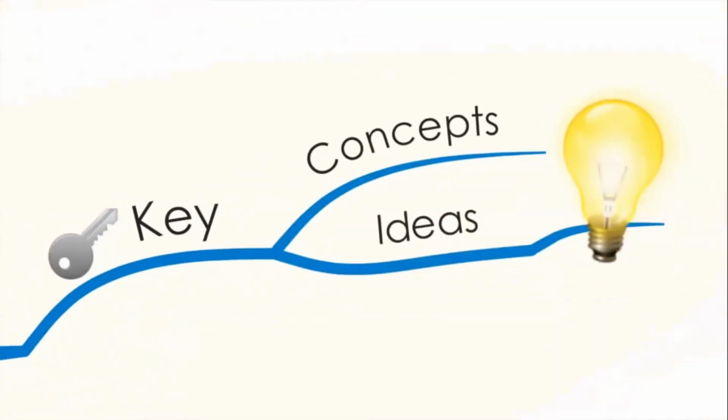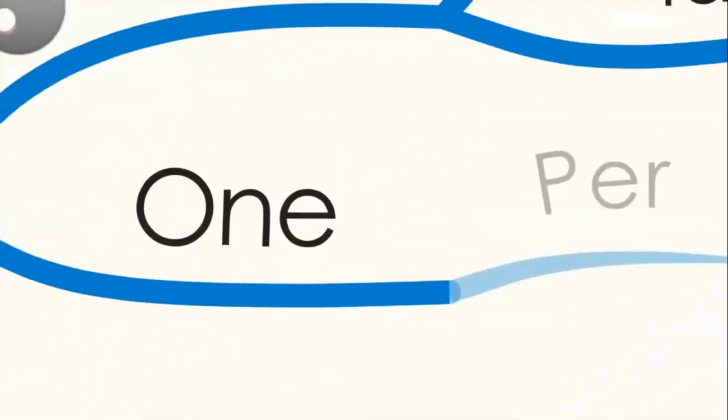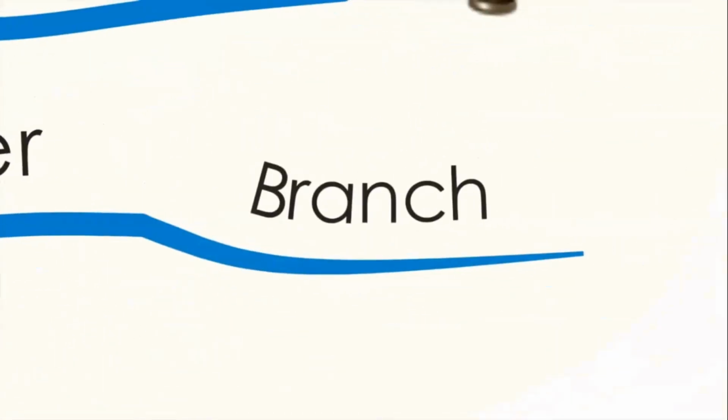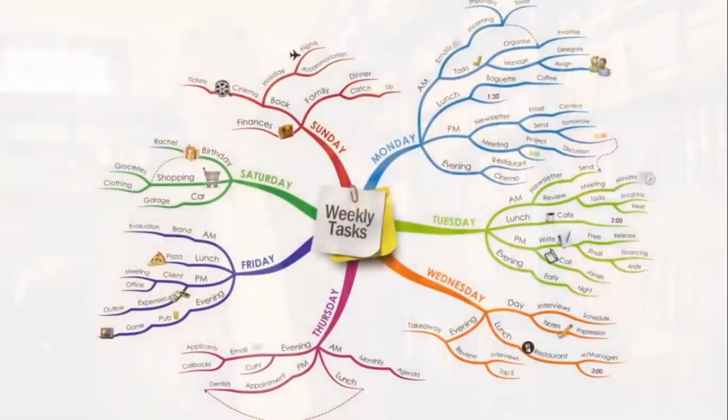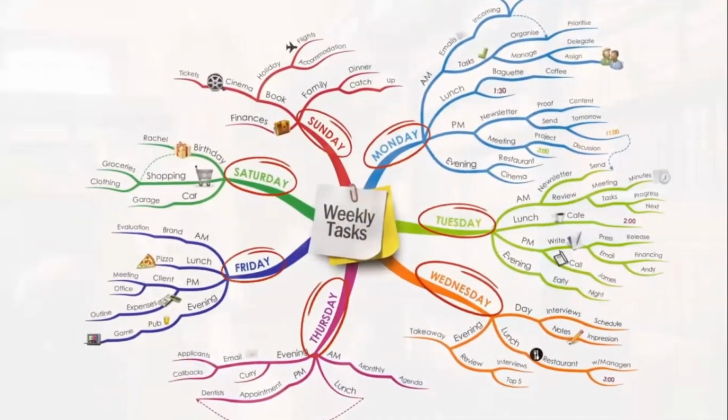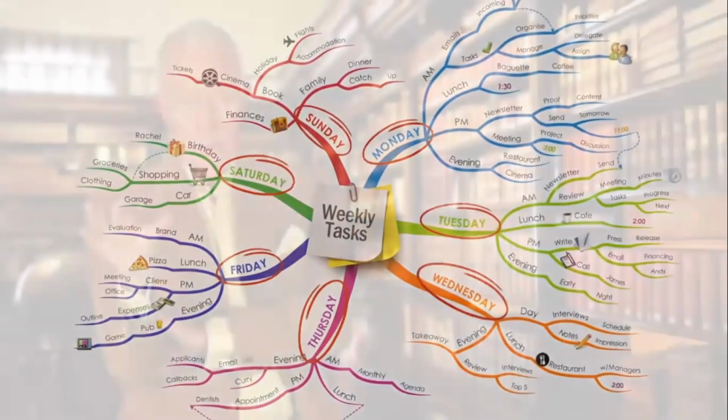Add only one key word to each branch, avoiding phrases or sentences. Wherever you can, and this should be basically everywhere, one key idea per branch. Why one and not two? Why not a phrase? The reason is that each key idea, each key word, each key image is like a little exploding supernova. So every one radiates out associations.